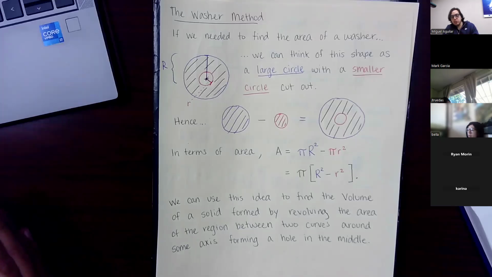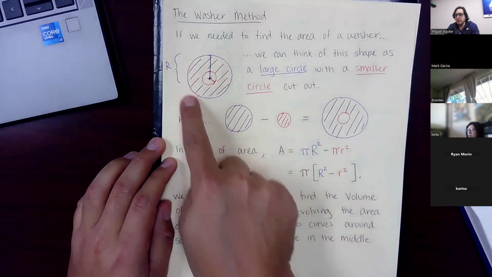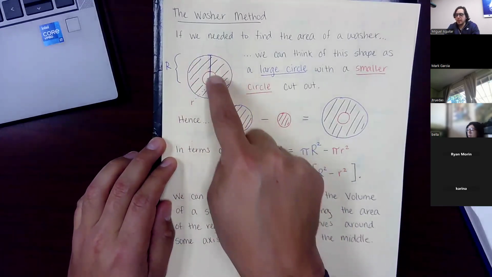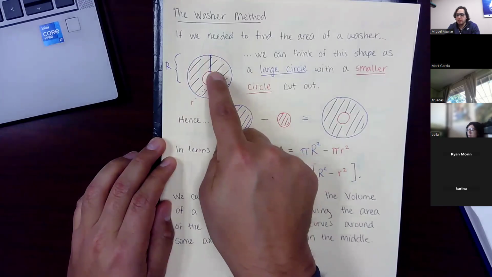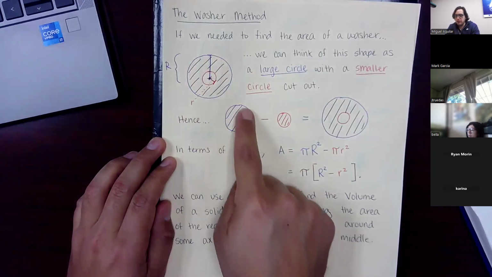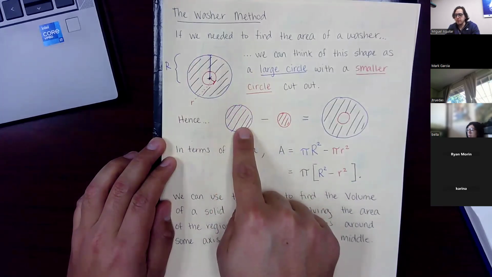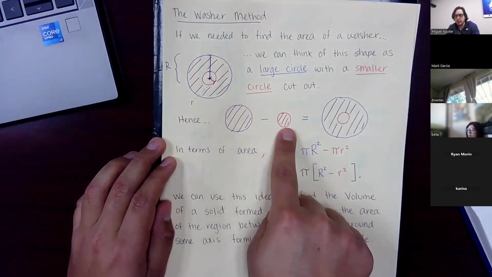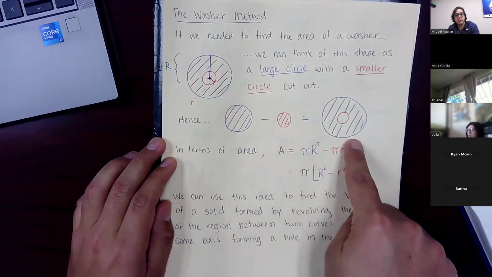With some basic geometry and a little bit of common sense, we can think about this diagram as having a larger radius and a smaller radius for the circular hole we're cutting out of the washer. So think of it as a large circle from which we subtract the area of the smaller inner circle. That's how we get the washer shape.